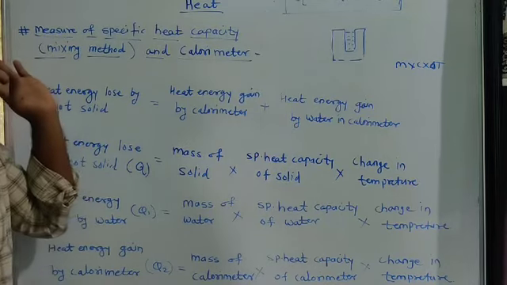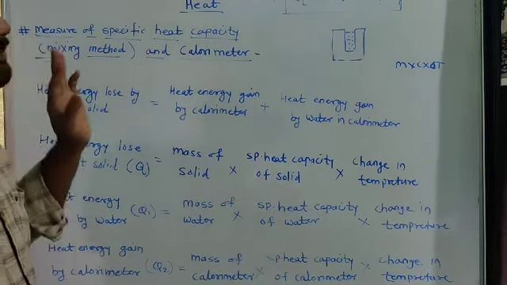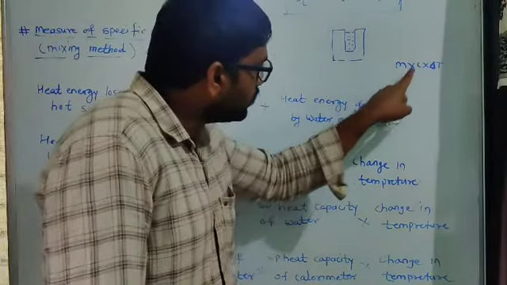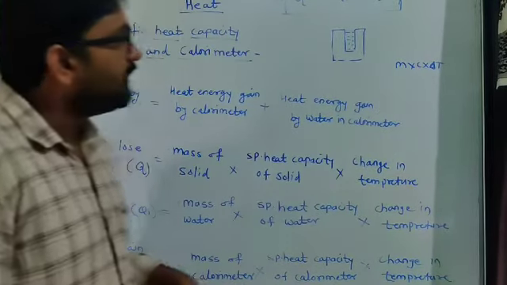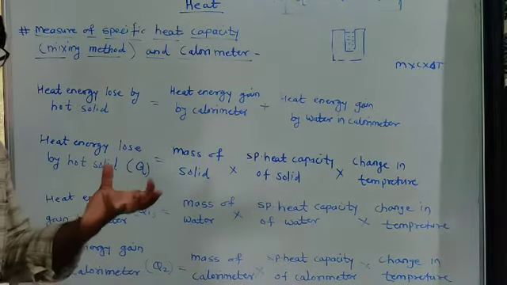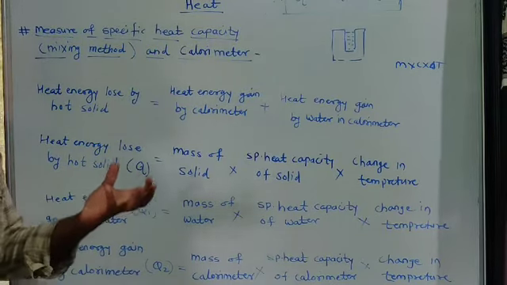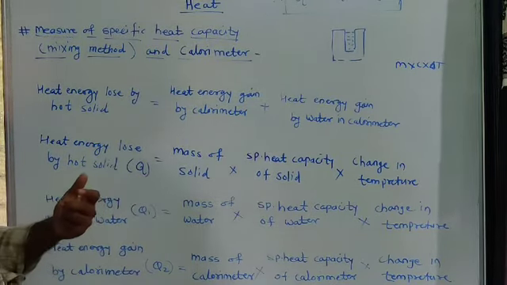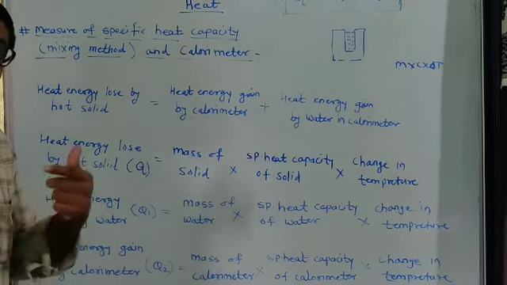Here m is the mass of the object, c is the specific heat capacity, and delta T is the change in temperature of that object. So by using this formula we can calculate heat gain or loss.